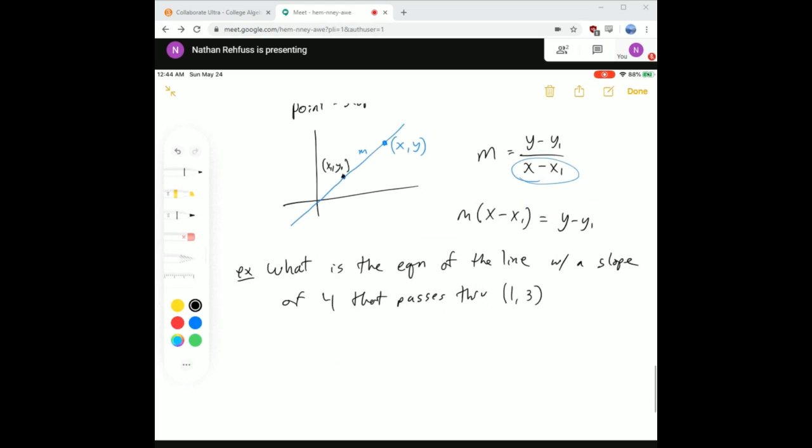So I know I go through the point 1 to the right and 3 up. I know that my slope is 4, so I'm going to have 4 rise for every 1 run. That's a very steep line.